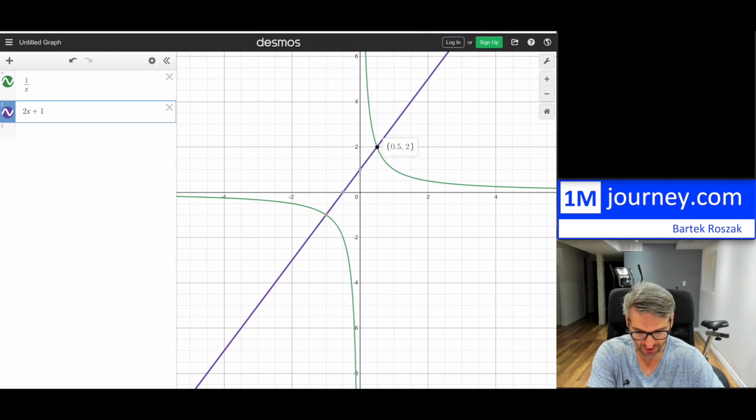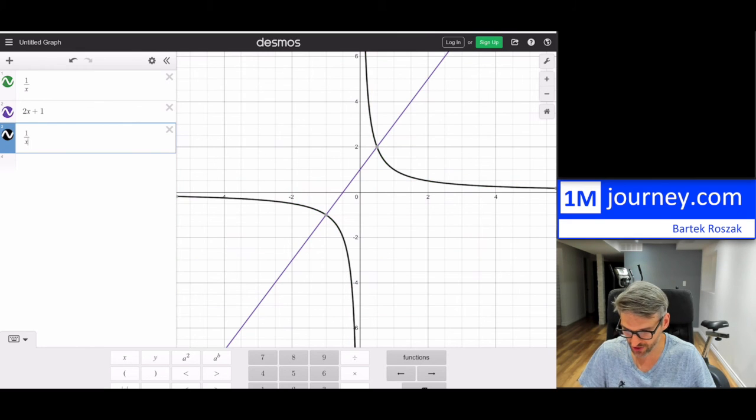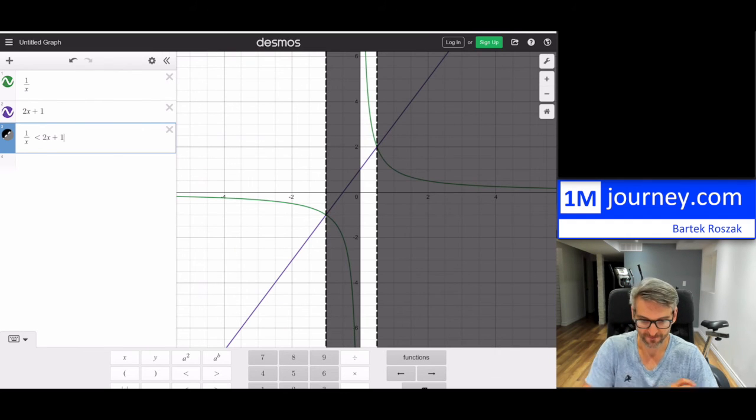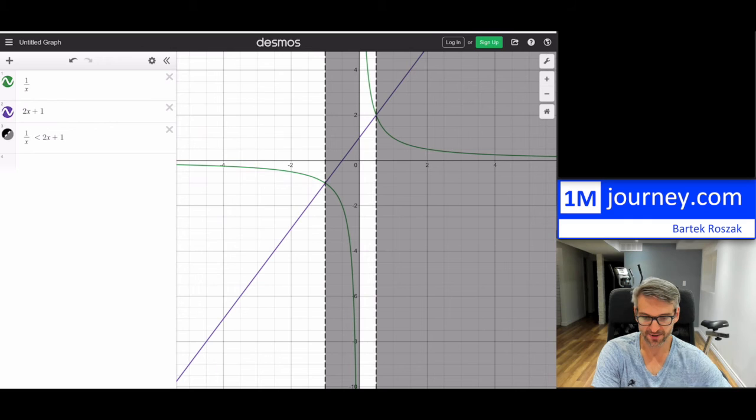So for these values, it works, right? And what we wanted was 1 over x to be less than 2x plus 1. And notice, this is exactly what happens. But it's not that easy, right? So for x greater than this point, so x greater than 0.5, it works.